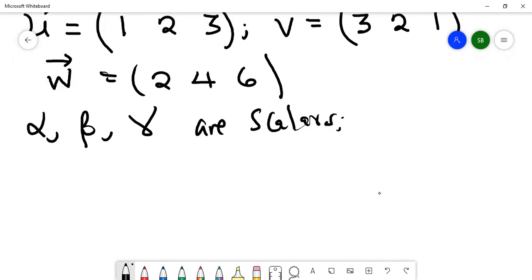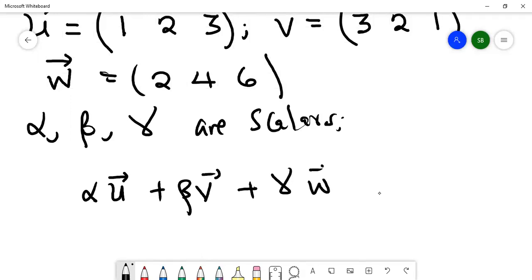You check the linear combination alpha U plus beta V plus gamma W, which of course we want to be 0.